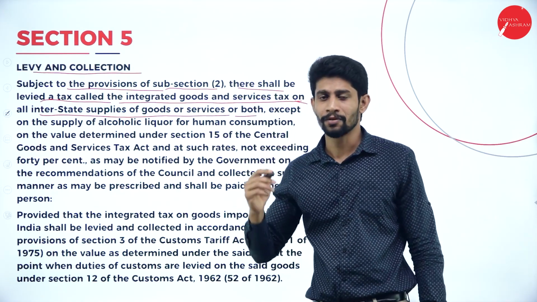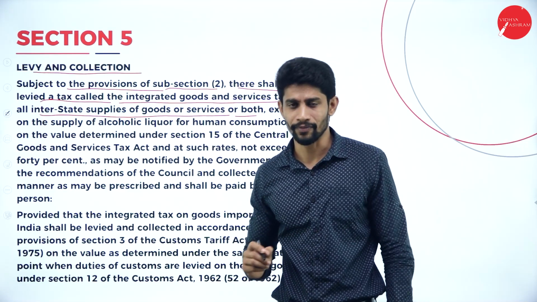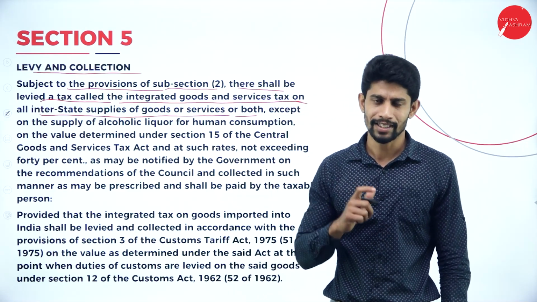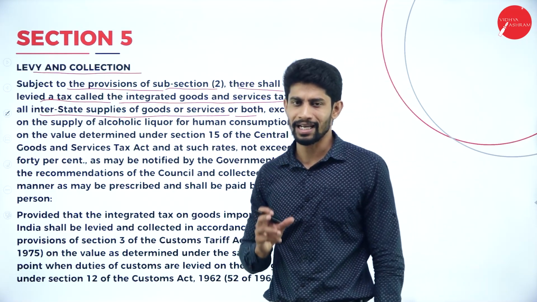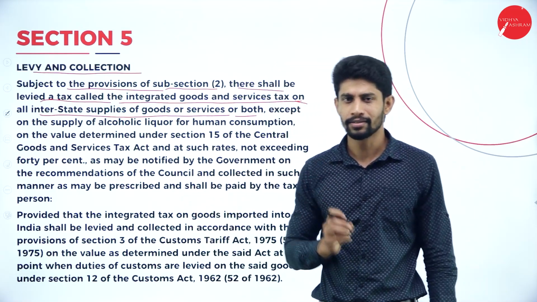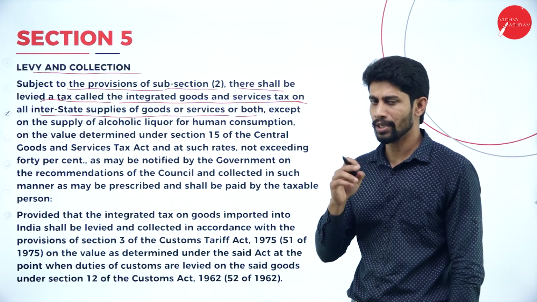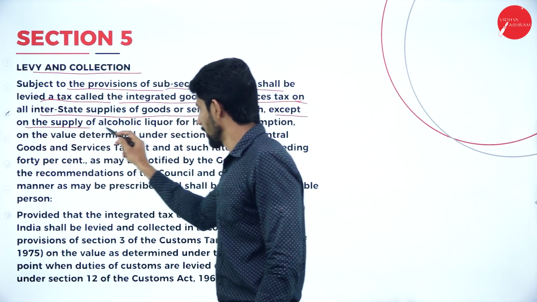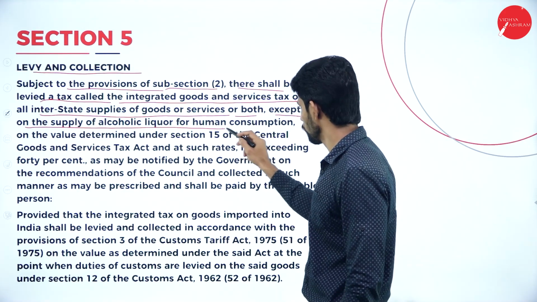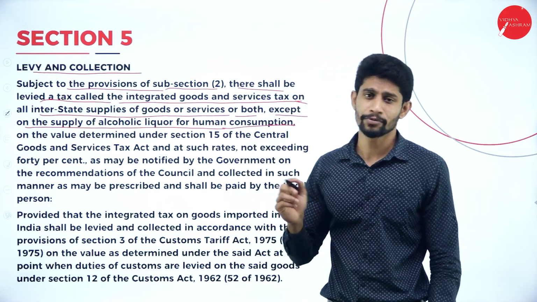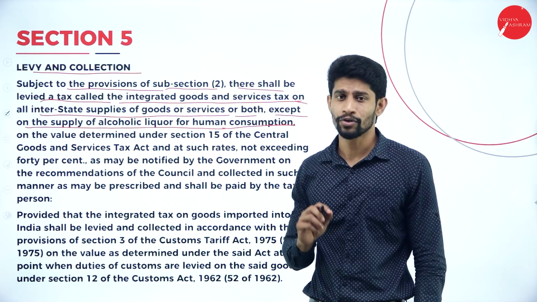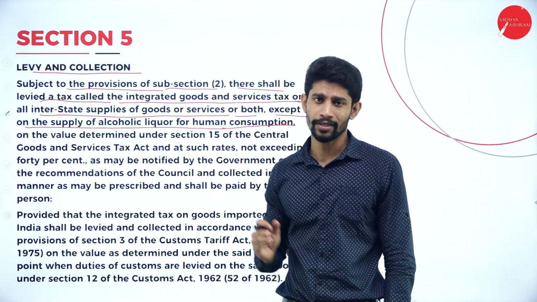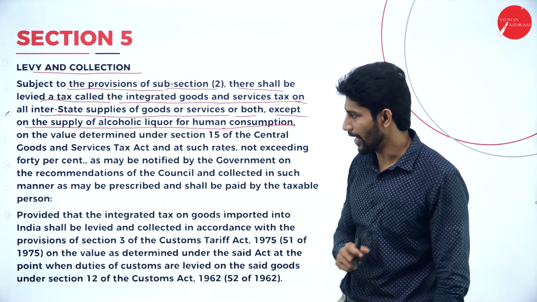That means if any interstate supply is happening, whether interstate supply of goods or interstate supply of services, then this Integrated Goods and Services Tax will be applicable, except on the supply of alcoholic liquor for human consumption. Yes, if there is any supply of alcoholic liquor for human consumption, then that will not come under the IGST Act.